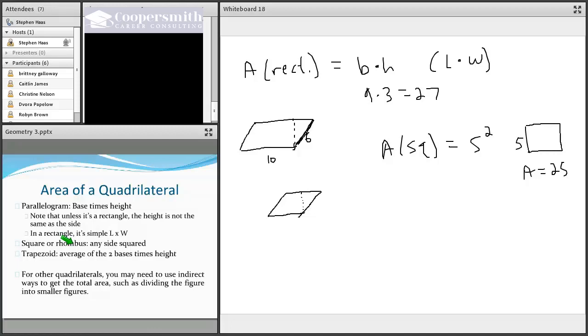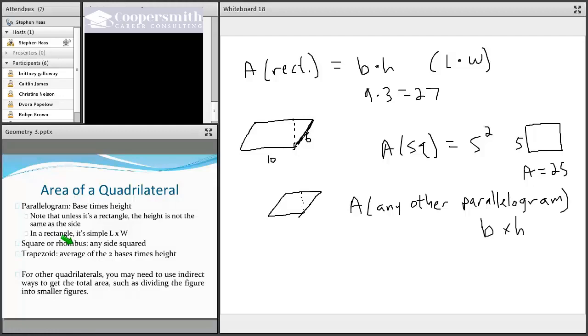So really, the area of a square is a side squared, and the area of any other parallelogram is base times height.